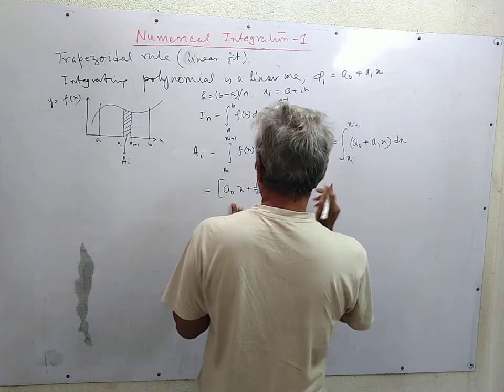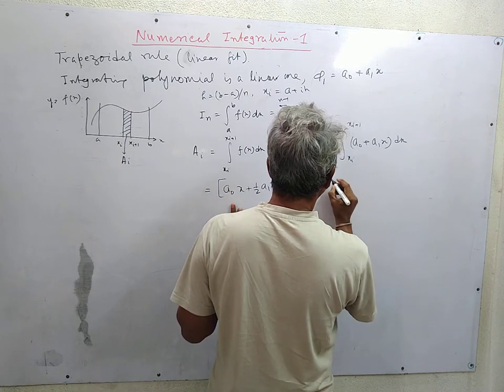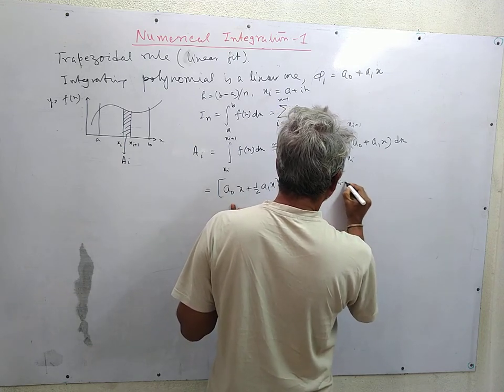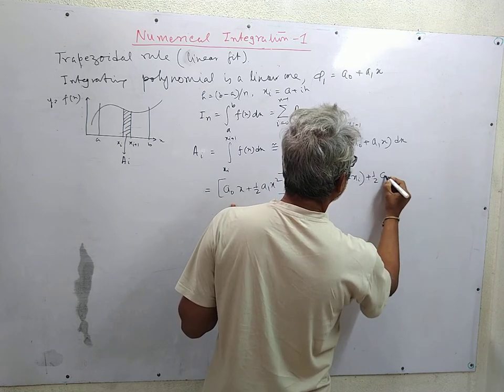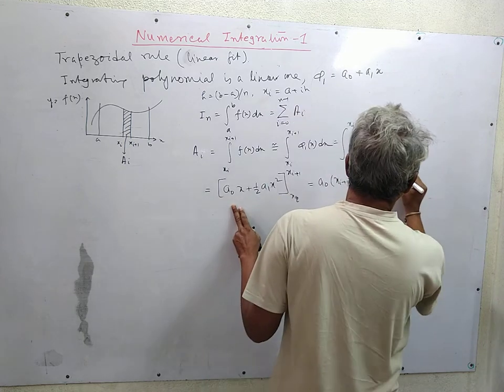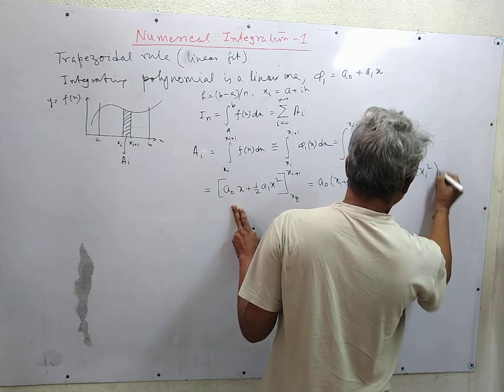This is a0 (xi+1 − xi) + half a1 (xi+1² − xi²).